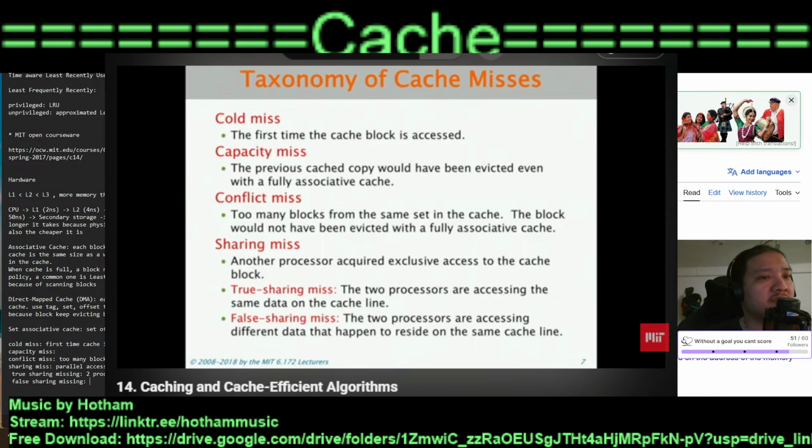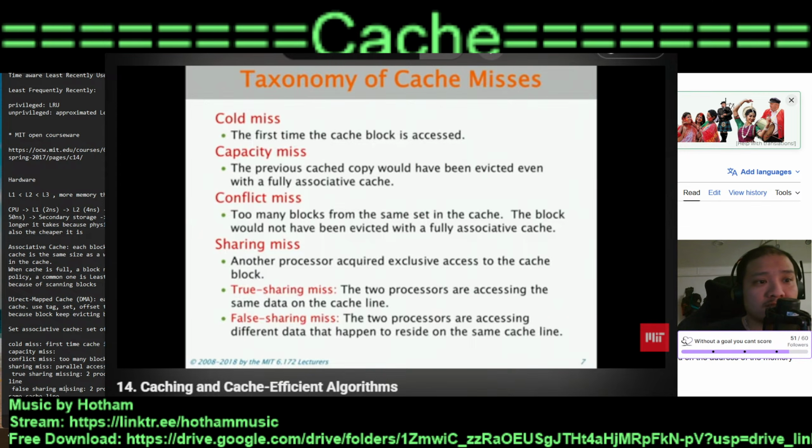False sharing means two processors are accessing different data that just happen to be mapped to the same cache line, whereas in true sharing it's actually the real data.